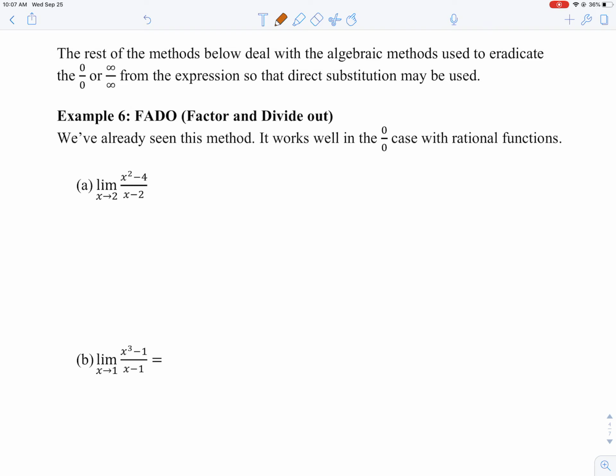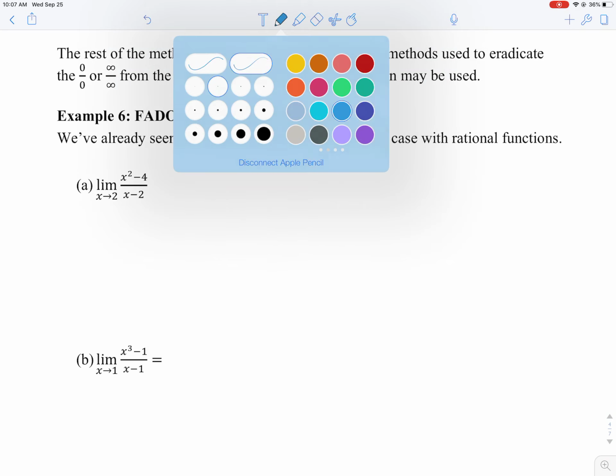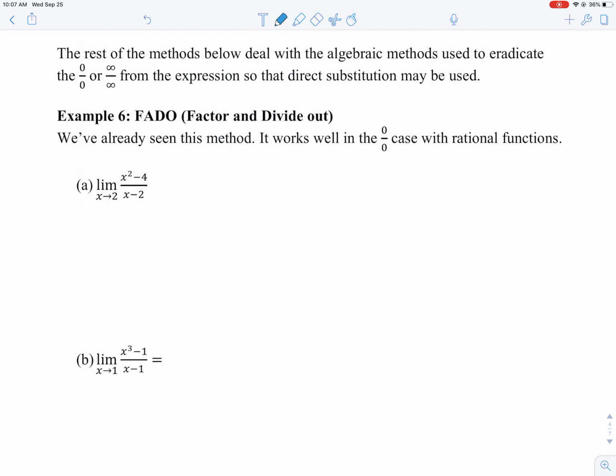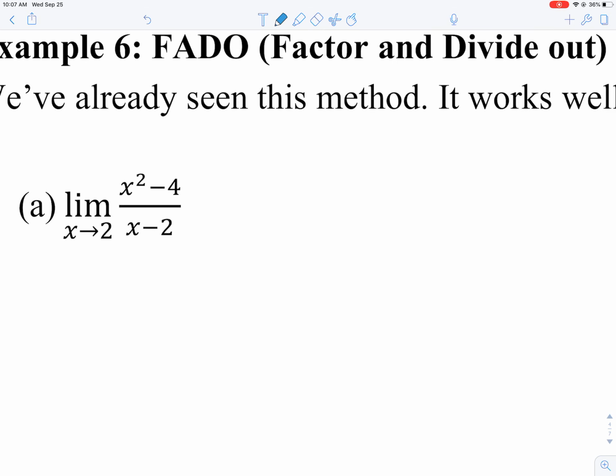I got them from another teacher, but I have these names to try and help you guys remember the different methods. You don't have to have them memorized. It's just important that you recognize what method to try when you run into the 0 over 0 or infinity over infinity case. We've already done this first method.